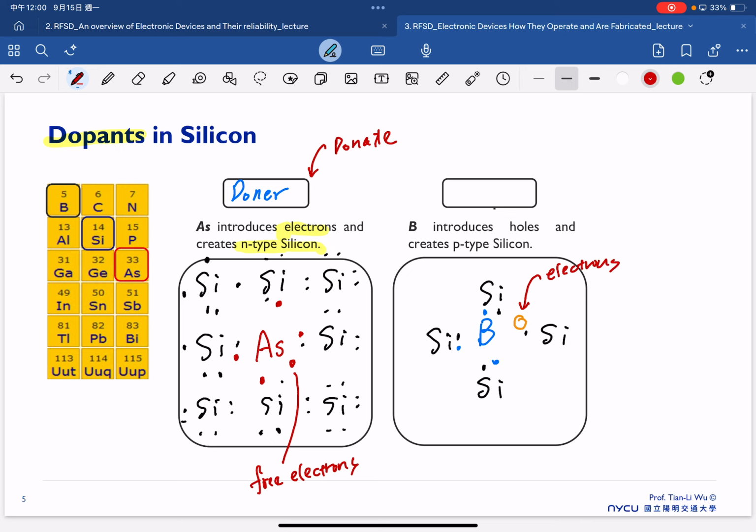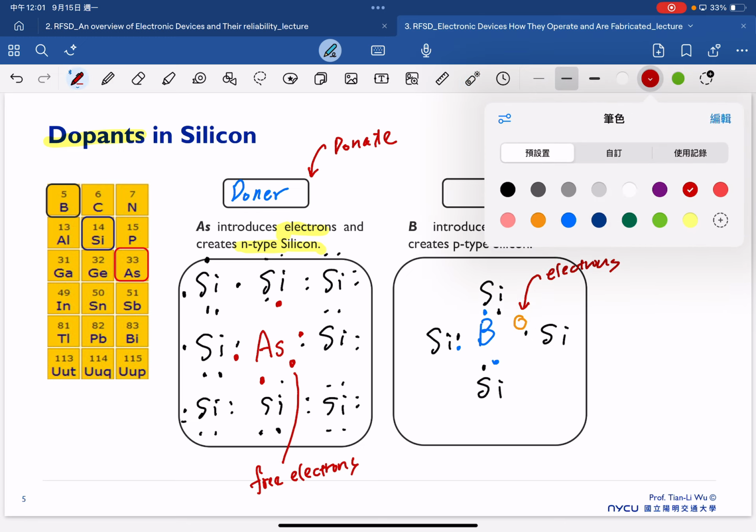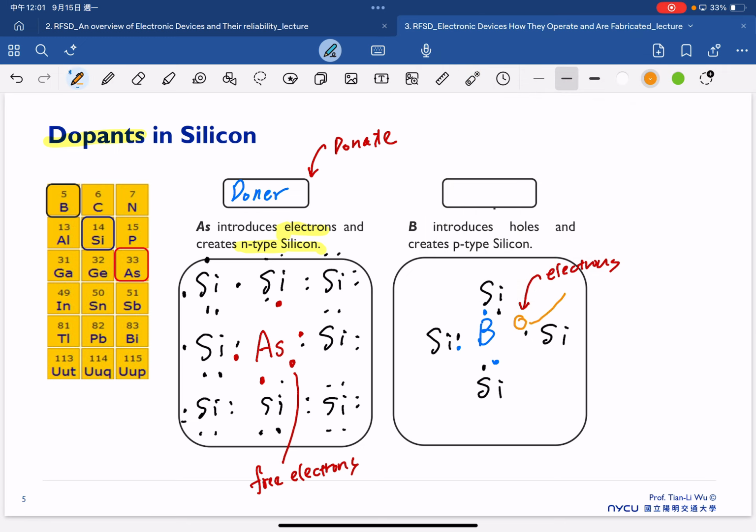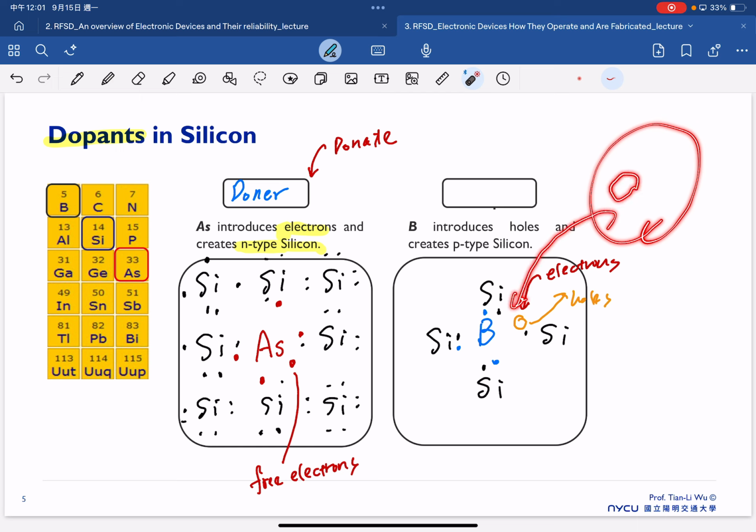So if you have an additional electron, this electron might be able to flow into this one. Because boron introduces 1 empty space that can possibly accept 1 electron, this phenomenon of accepting 1 electron can also be considered as a hole. In this place you have 1 electron come in, which means the place it came from has 1 electron missing, and the hole starts moving from here.